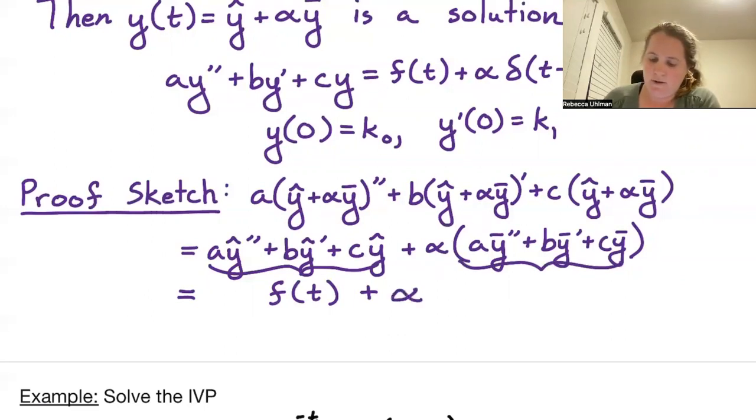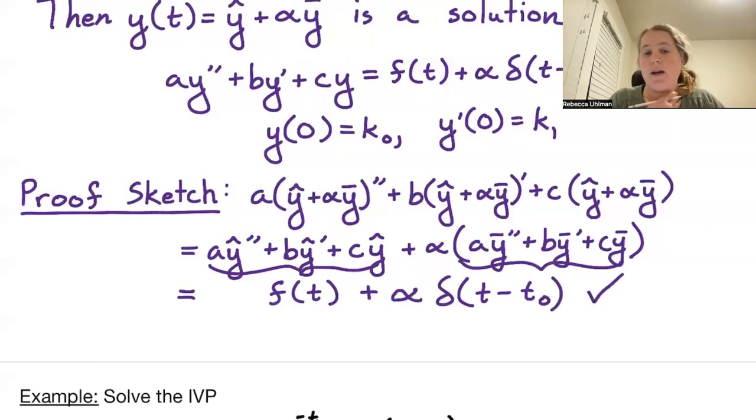And so we have α times δ(t − t₀). So we have that the equation is satisfied. Again, those two simplifications are because ŷ is the solution to ay'' + by' + cy = f(t), and ȳ is the solution to ay'' + by' + cy = δ(t − t₀).